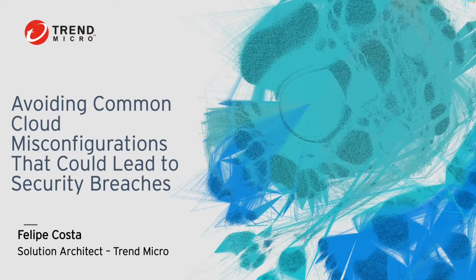I'm going to exemplify some of the challenges customers are facing with this topic, talk about the most common misconfigurations you can make in the cloud, and at the end talk about how we can fix them and deploy a security architecture that gives you visibility and enforcement to avoid these misconfigurations.